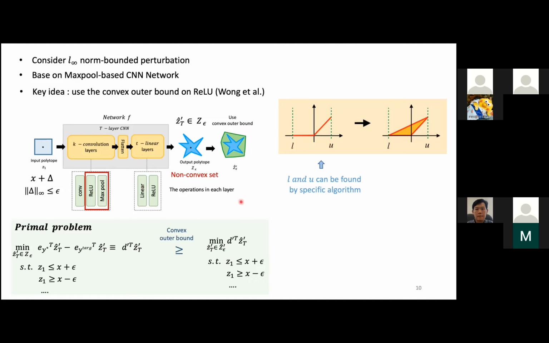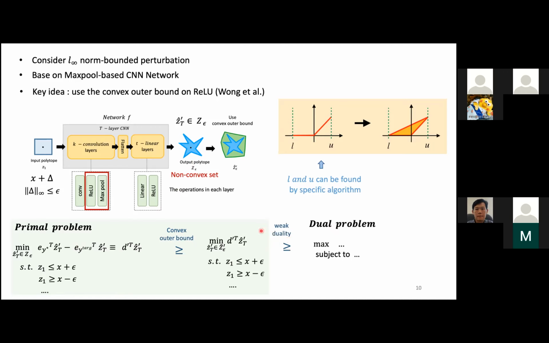So we know that if we want to find the optimized solution in the green set, it's a lower bound of the original problem, because the original problem is to verify the blue set. So here in our method, we adopt the dual approach. That is, we adopt the weak duality theory.